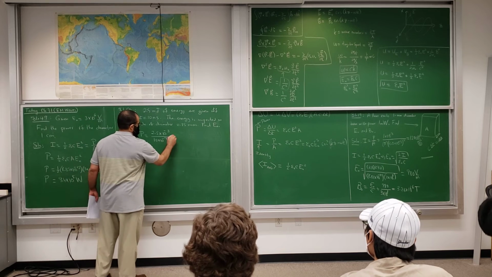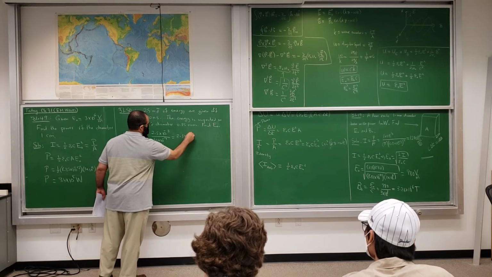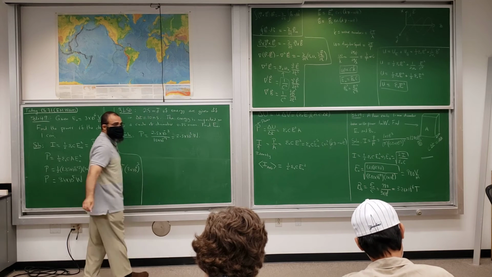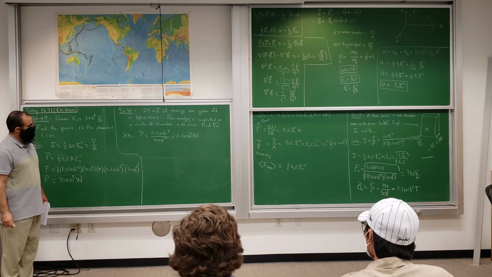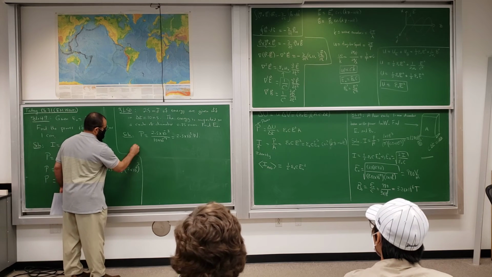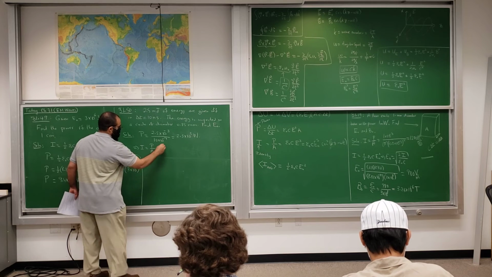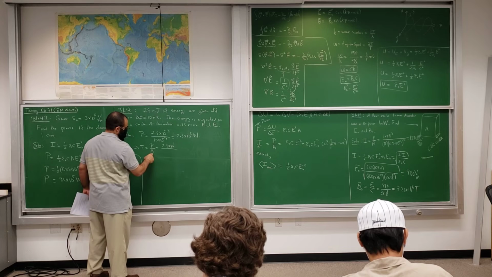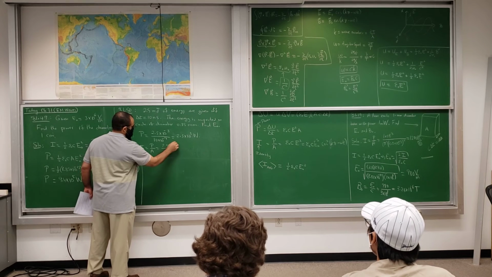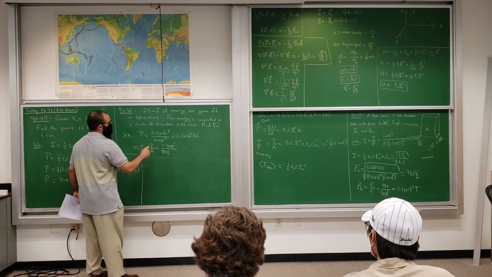So you get 2.5 times 10 to the 5th. Therefore, the intensity, which is the power over the area, would be 2.5 times 10 to the 5th over the area. The area is pi r squared.